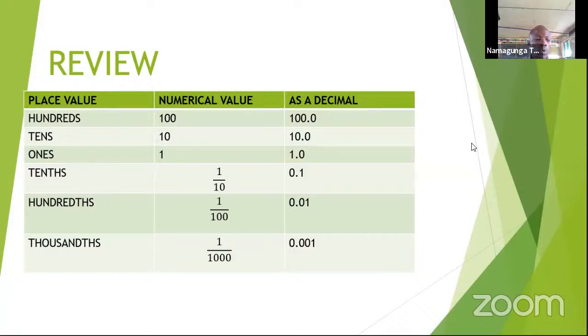So that was what we looked at as far as values and place values of digits are concerned. Today, we are looking at what we are terming the place value expanding.